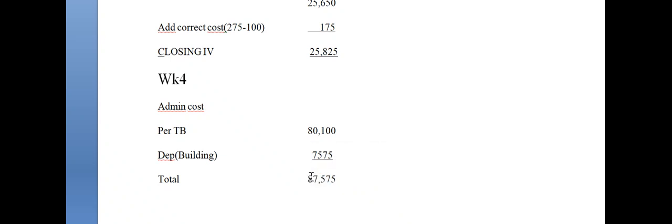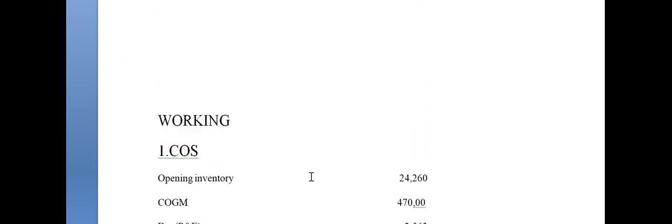So we take it to admin cost. Is there anything under the reconstruction cost? 87,675. Is it 575 or 675?